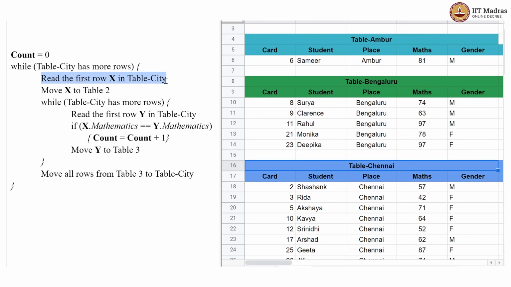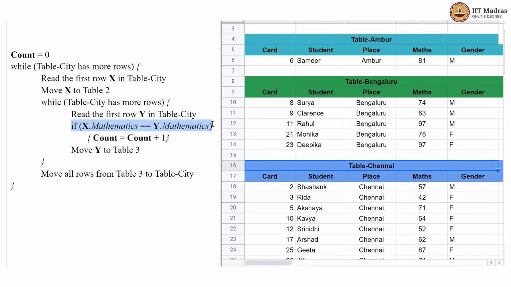You read the first row X in that particular city table, you move that row to table 2, and while that city table still has more rows, you read the first row in that city table. And here the only difference is, in the if condition we don't have an AND statement, because we no longer need to check for the same place, because every row in that particular city table will have the same place.